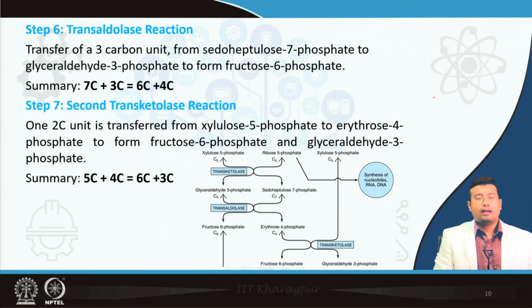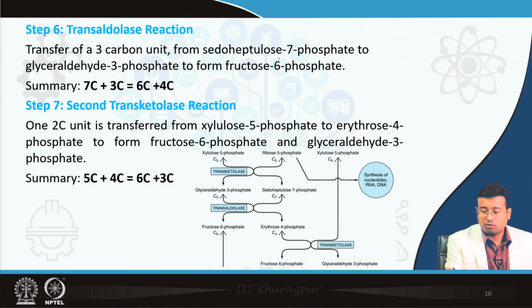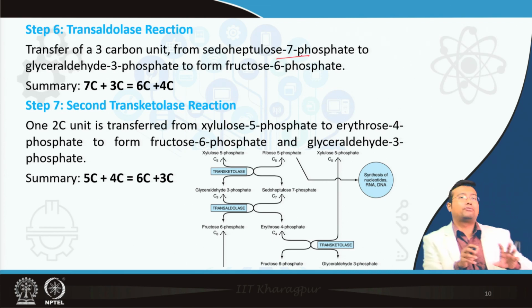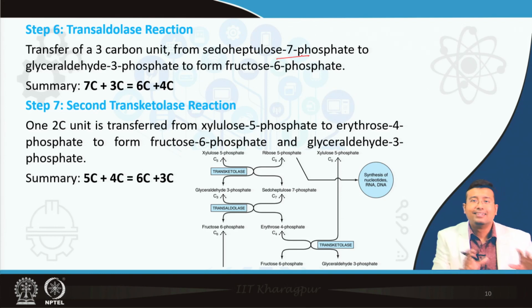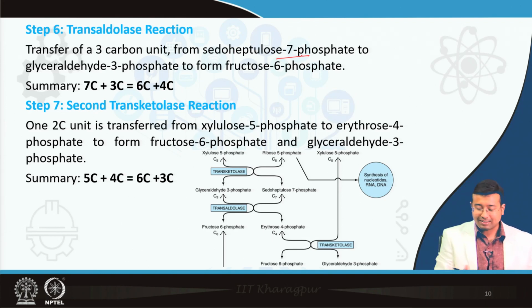Clear? So, next what happens? Again there is a shifting of carbon unit, a 3 carbon unit from sedoheptulose 7-phosphate. Just for the sake of ease, I have excluded the structural layout. So, this is the transketolase reaction which I just explained in the last slide.